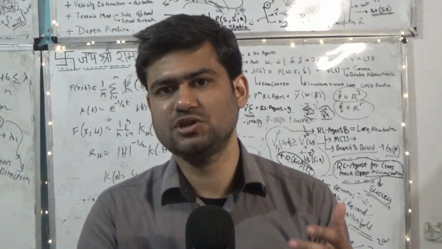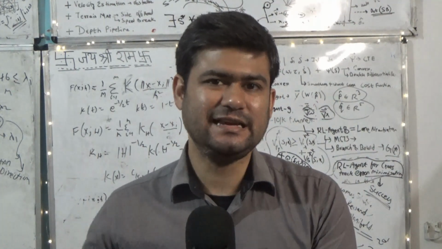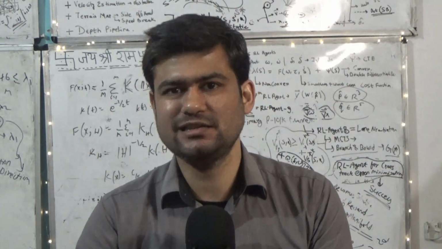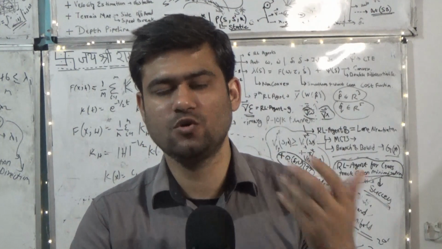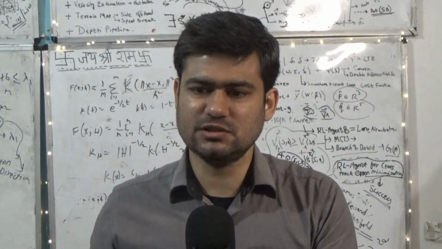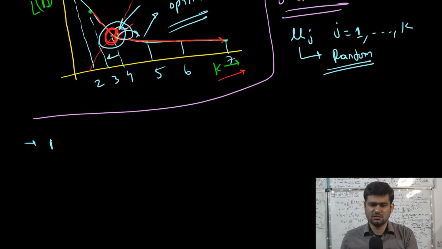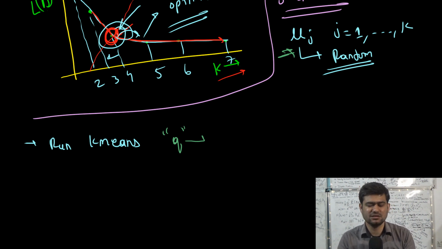One solution is to run the k-means clustering algorithm with different initializations, and then select the initialization that produces the lowest loss function for any given value of k. So run the k-means algorithm, let's suppose, some q number of times, where each time we initialize the means differently.